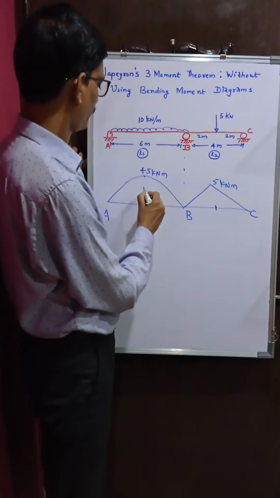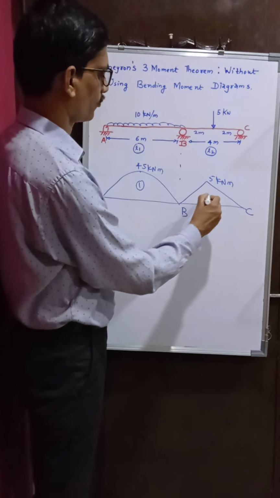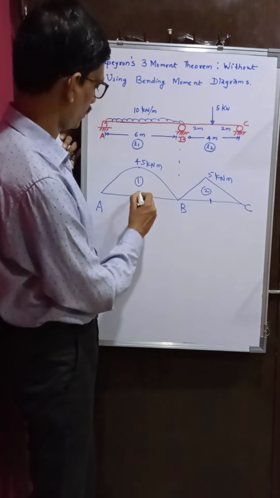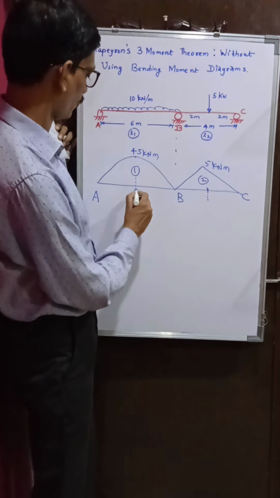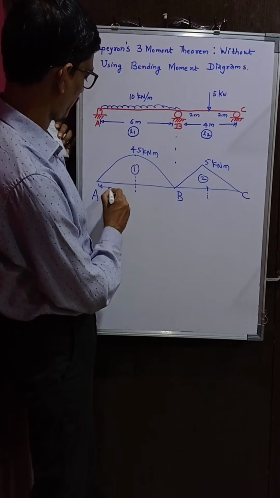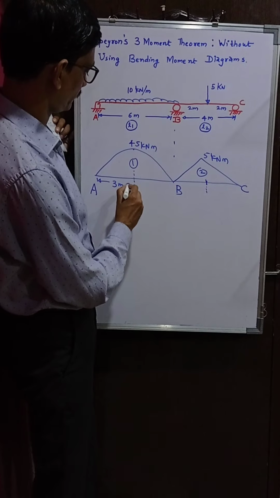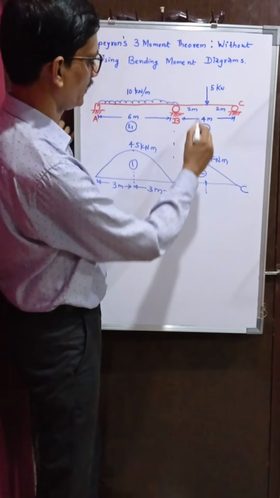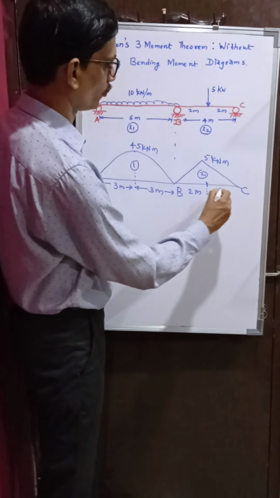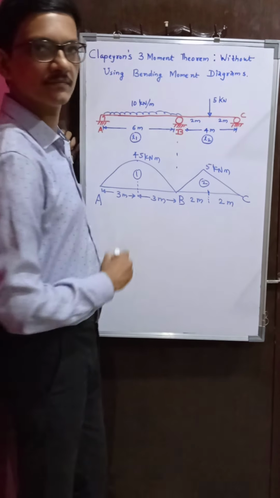Now this diagram is 1 and this I will call 2. Both the diagrams are symmetrical because of the symmetrical load, and therefore here it becomes 3 meter, 3 meter because total is 6 meter. Here it is 2 meter and 2 meter because total is 4 meter.